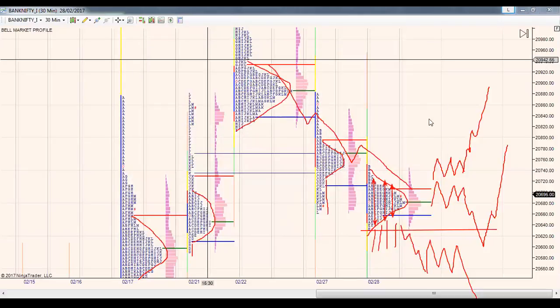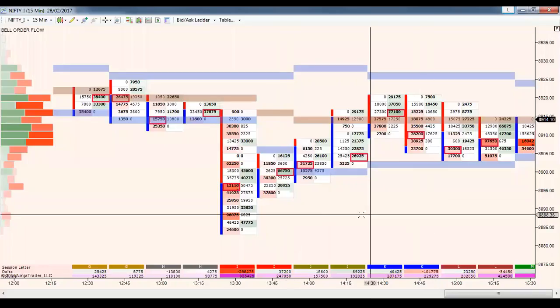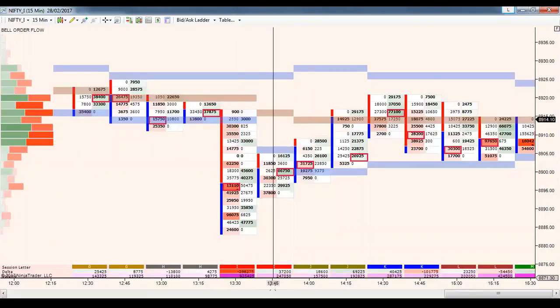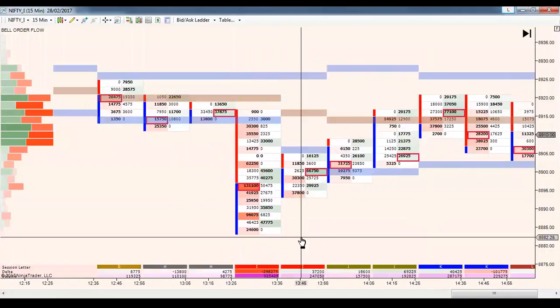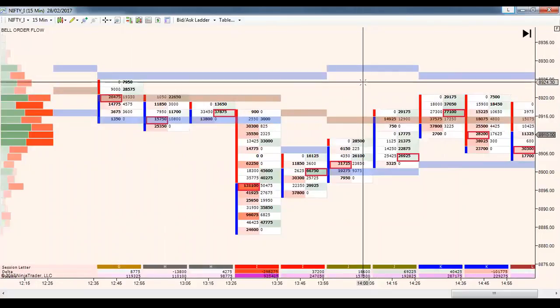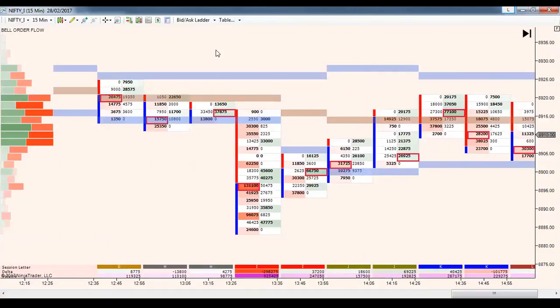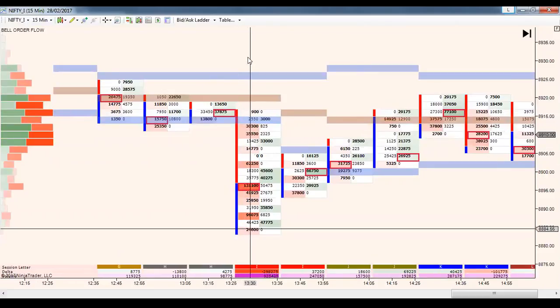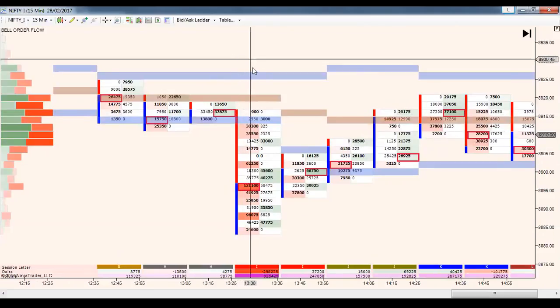I can share the order flow chart for Nifty. This interesting development happened. As you can see, this was that spike down, and if you monitor the volume on this particular spike as well as the delta, it was very, very high.